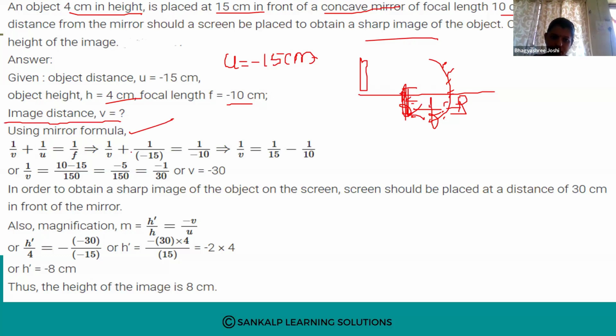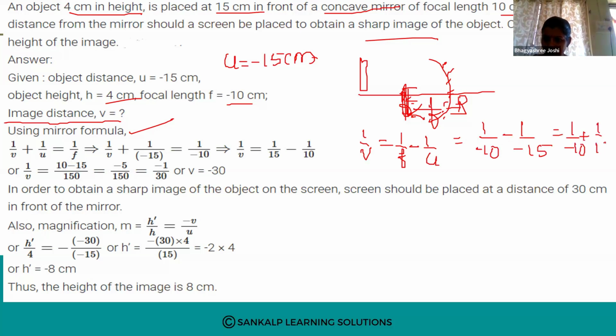So 1 upon V plus... here we know the value of U, but we don't know V. So 1 upon V is 1 upon F minus 1 upon U. So 1 upon F value is minus 10, minus 1 upon minus 15. So 1 upon minus 10, minus into minus plus 1 upon 15.